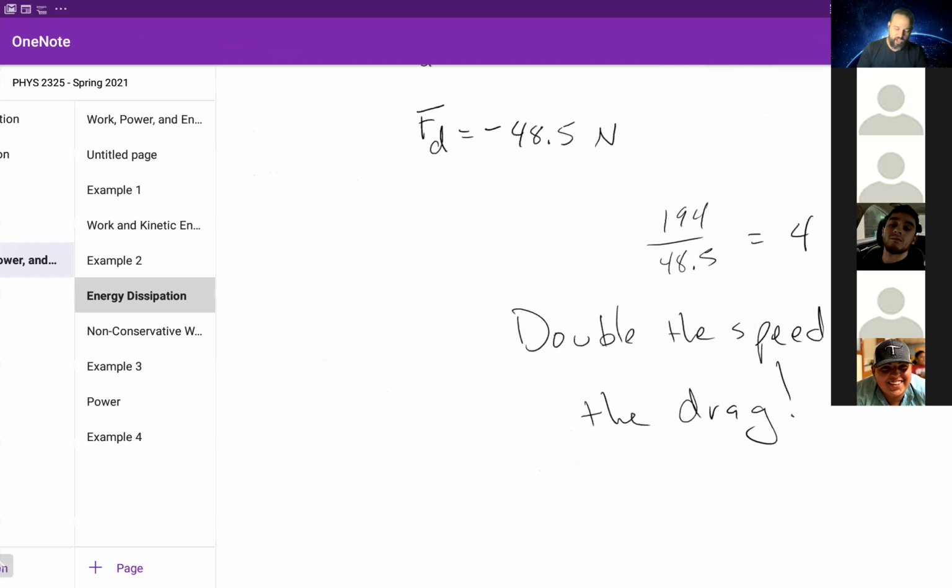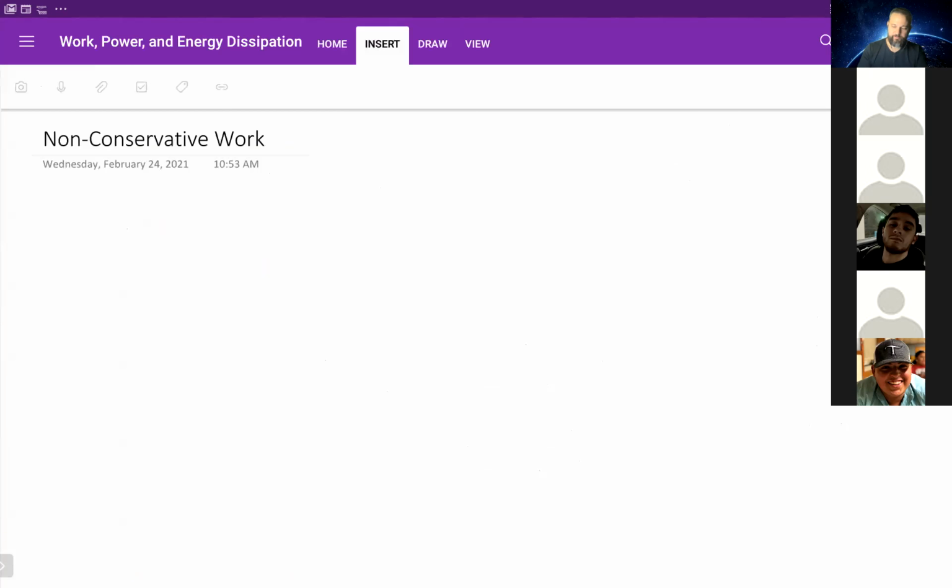This leads us to our non-conservative work. All right, so non-conservative work is whenever we involve non-conservative forces, right?